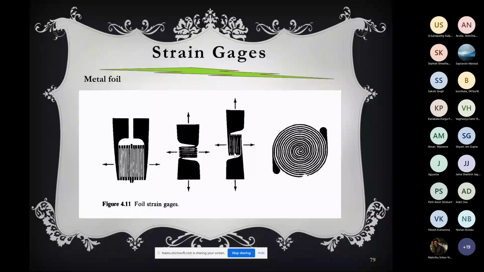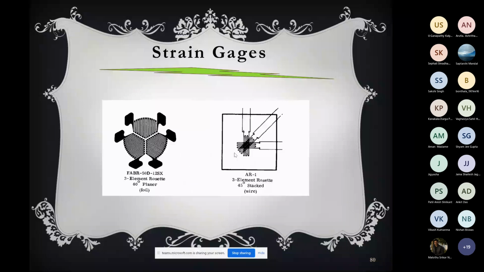So this Rosette is required when you are trying to measure the strain in different directions. Accordingly, you have to place the strain gauges, and then you have to do the strain analysis.